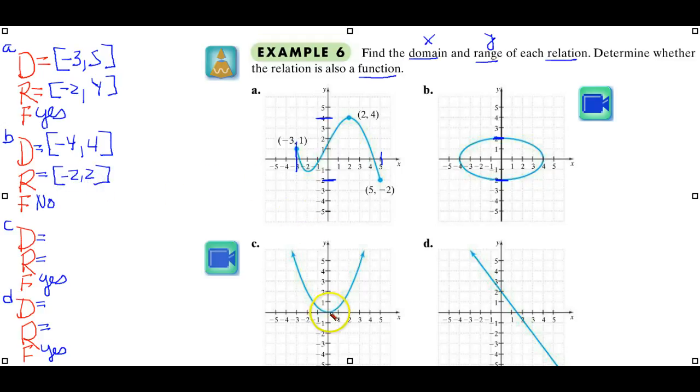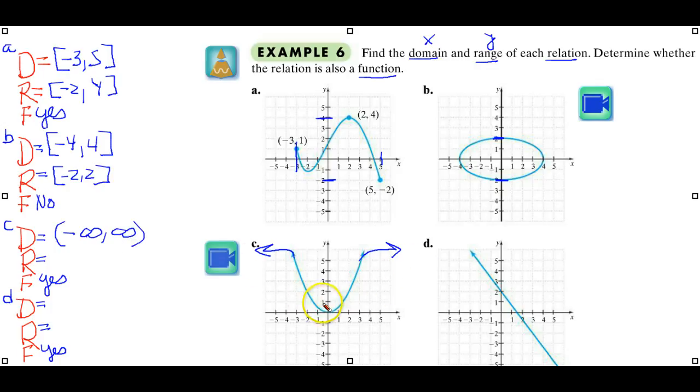Now for this one, for domain, keep in mind that eventually this will go way out there and this will go way out there. I'm exaggerating that, but what do we have then? Well, we have from -infinity to +infinity.